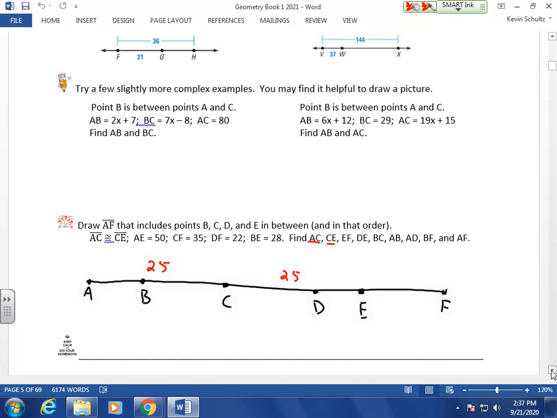Would it be EF is 10? EF has to be 10, right? Because if the whole distance from C to F is 35, and we already knew that C to E was 25, that leaves 10 for EF. Follow me?